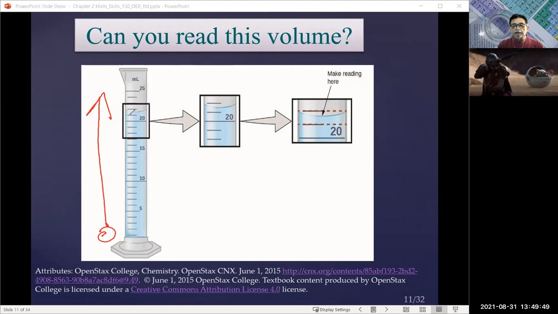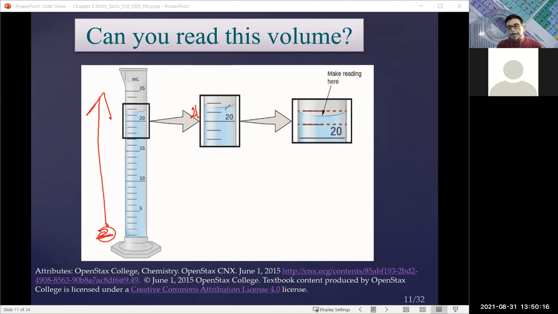If you read this number, this will be 20, and then I say how many units across? It's like 5, so this is 21. This is 21 right here, not the other way around, going down from here and thinking it's 24 or 25 point something. So make sure that you know where you're starting from.